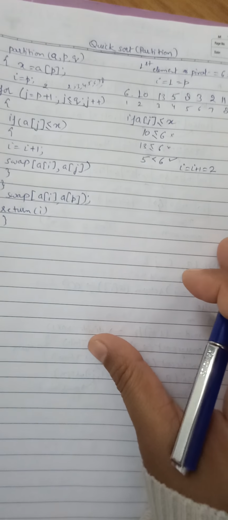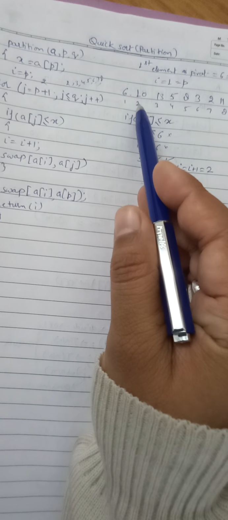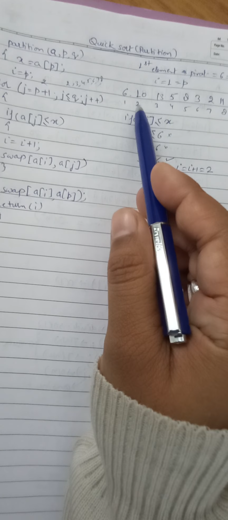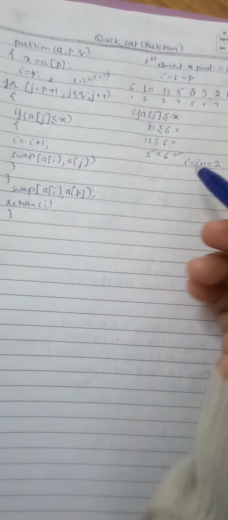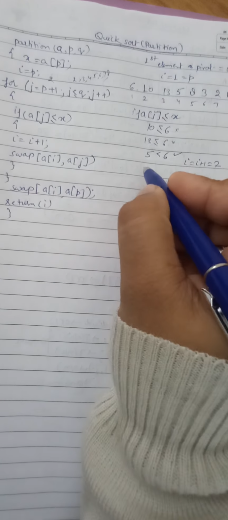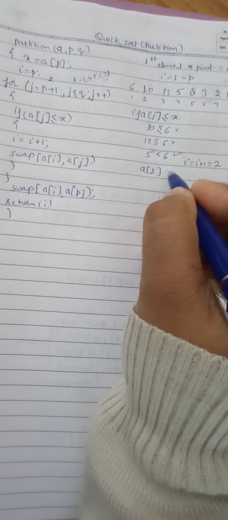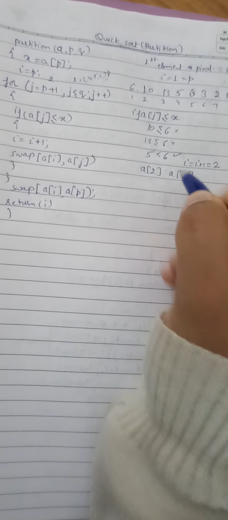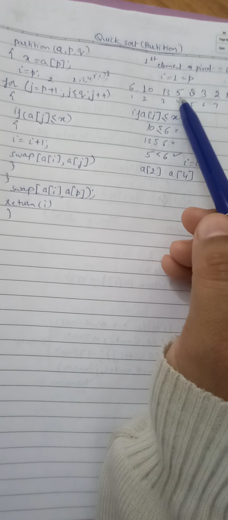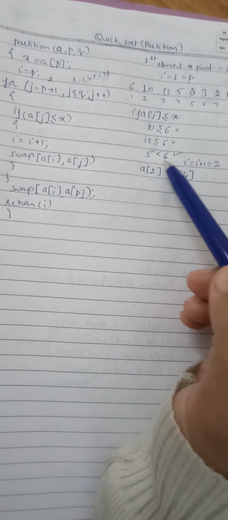After that, what are we doing? We are swapping A[I] and A[J]. So A2 and A4 we are swapping, because 5 is less than 6.